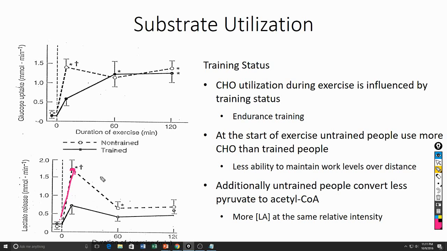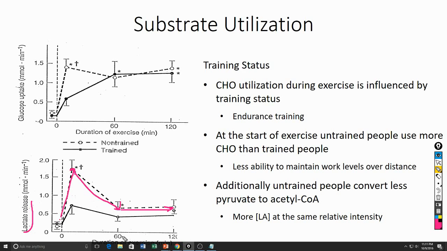That goes down over time, and that probably has something to do with the fact that at an hour, 2 hours of work, an untrained person is going to start running out of glycogen. They're going to have to start burning more fat, and if you're burning more fat, you have less lactate release.